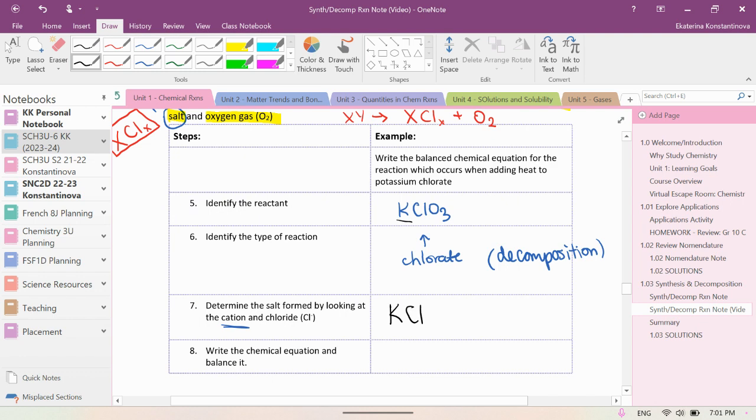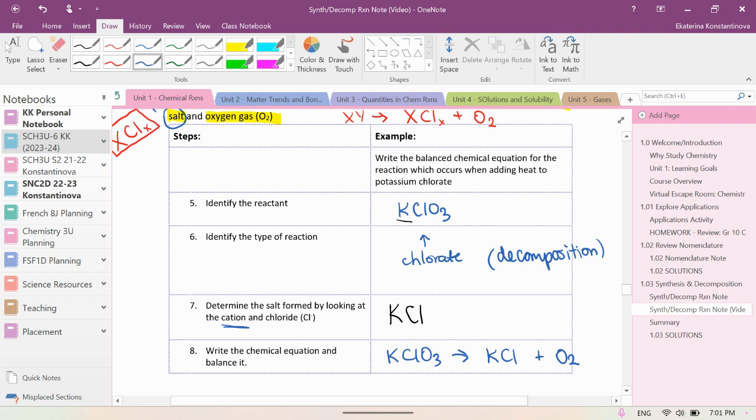Double check your charges. Chlorine has a charge of -1, potassium has a charge of +1, so it is KCl in our case. Now write the chemical equation. We have our reactant KClO3 decomposing into our chloride salt KCl plus, remember, you have an oxygen gas as well.